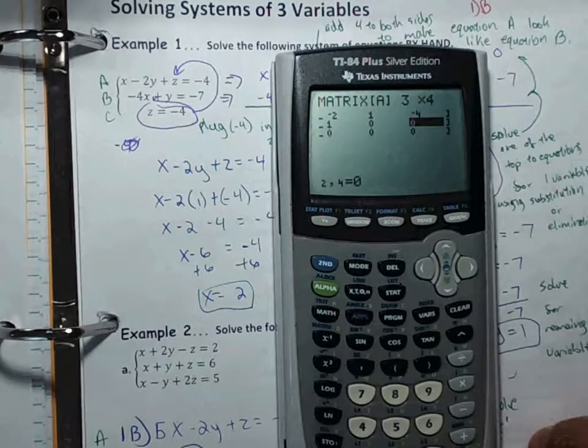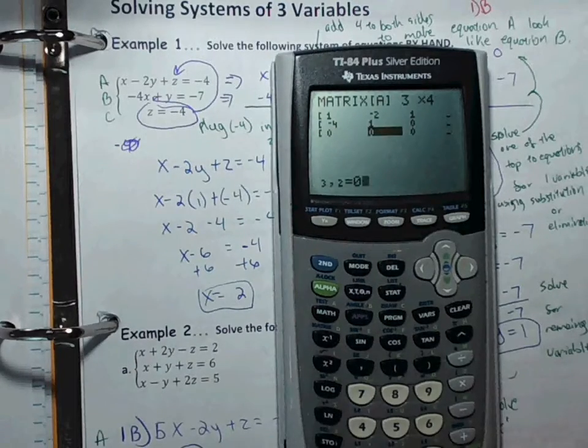And then after the equal sign, I have a -7. Push enter. And here I only have a z. So what am I going to put for x and y? 0 and 0. And then I'm going to put a 1 because we still got z, and the number in front of my z is 1. Good job, Jamar. And then -4. So now I've entered in all of my values.